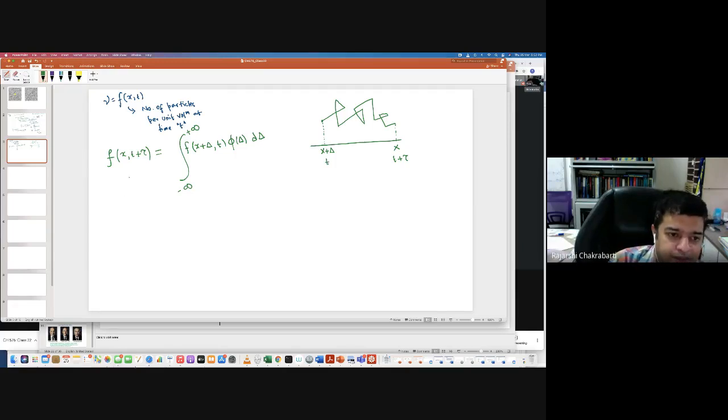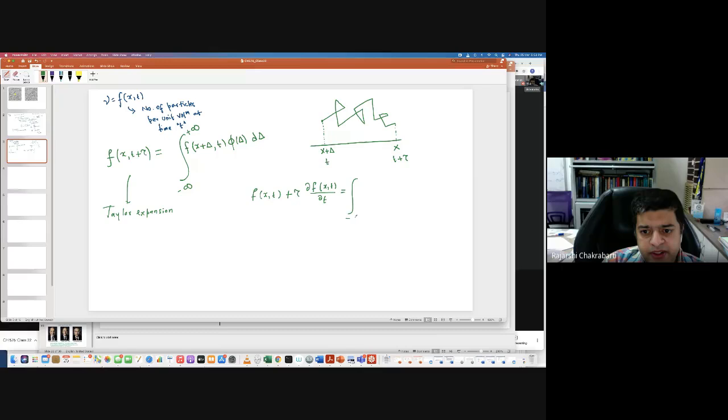Now what I do is a Taylor expansion here. If I do Taylor expansion of this quantity shown here on the left hand side, this is Taylor expansion in time. Is this clear? I hope this is clear. And this is equal to an integral like this.